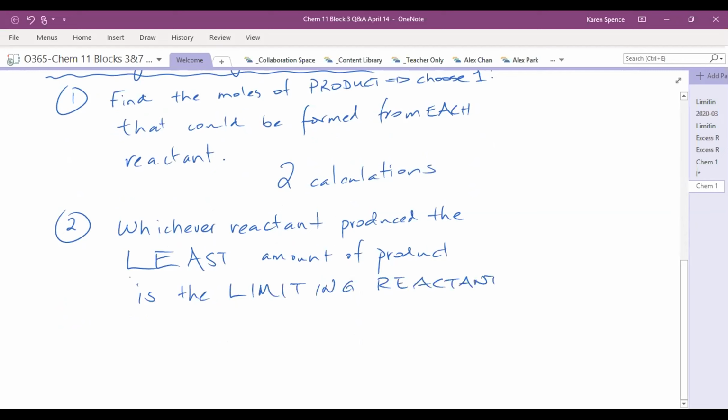Because whichever one produces the least, that's the one that is limiting the amount of product that is formed. So let us try a question.